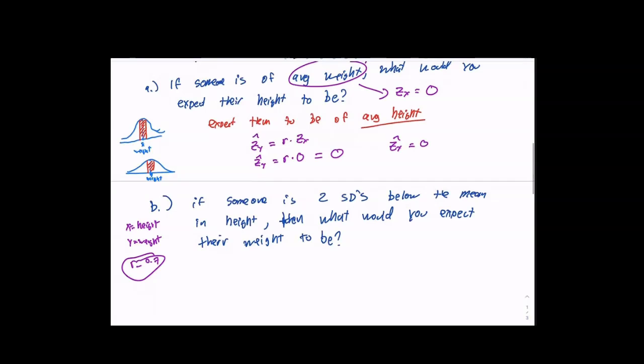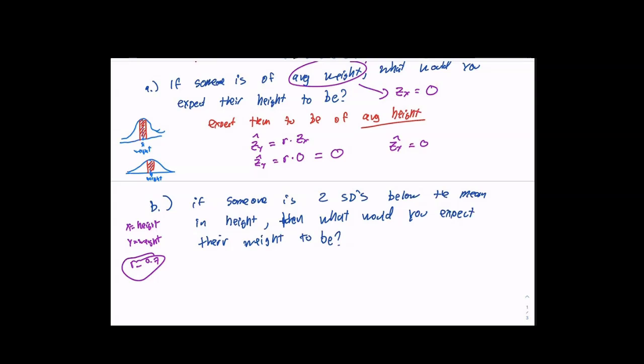Now what's important here is that they are positively correlated, meaning as one goes up, you would expect the other to go up. As one goes down, you would expect it to go down. So, knowing that there's a positive correlation, is the person going to be above or below average weight? Or what would you expect them to be?